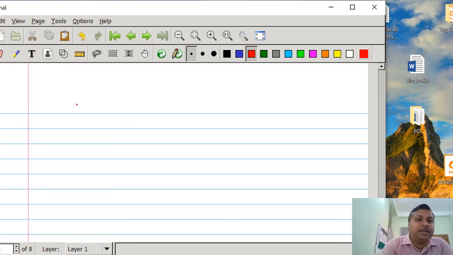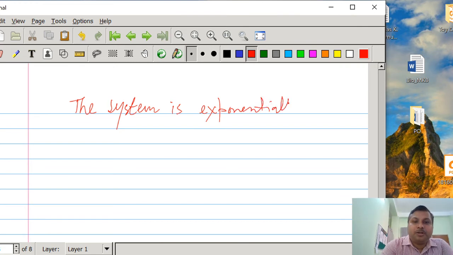So here basically the nonlinear system is exponentially stable with respect to the equilibrium point.